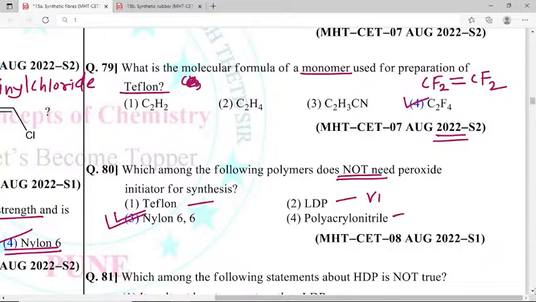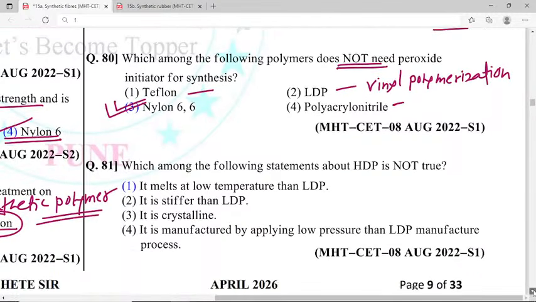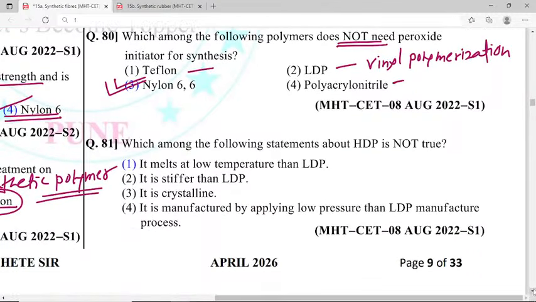They contain at least one carbon-carbon double bond, so they require a peroxide radical initiator. Nylon 6,6 is a condensation polymerization example.